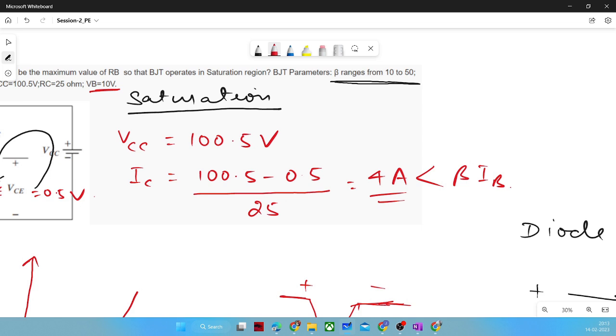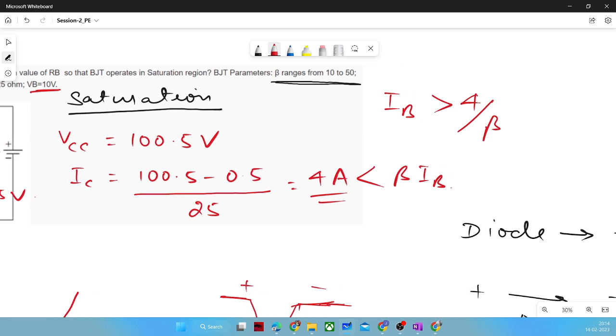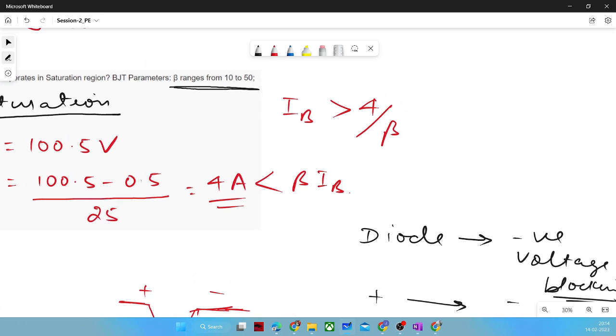So let me write it further. IB should be greater than 0.4 by beta. Okay, this is another way of writing this relation, right? If we consider the least value of beta, take two cases: beta is equal to 10 and beta is equal to 50.